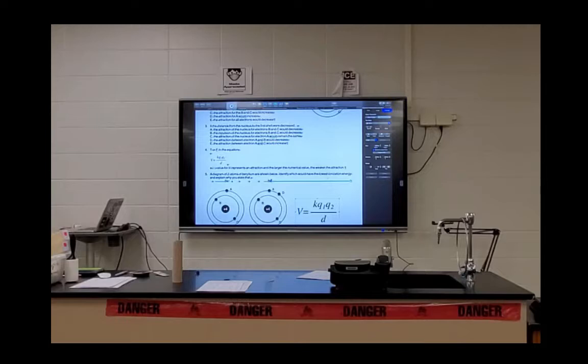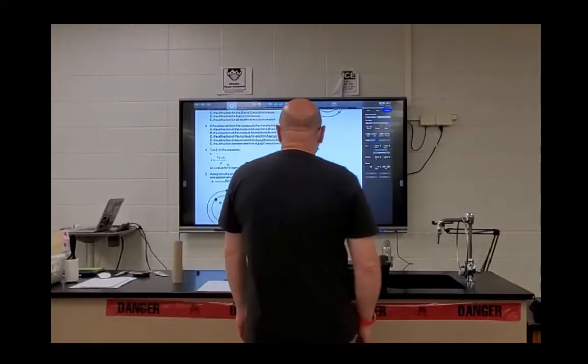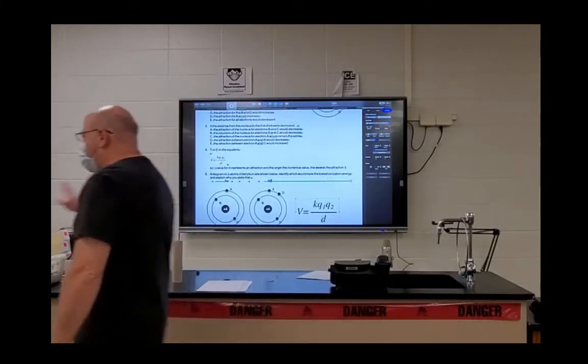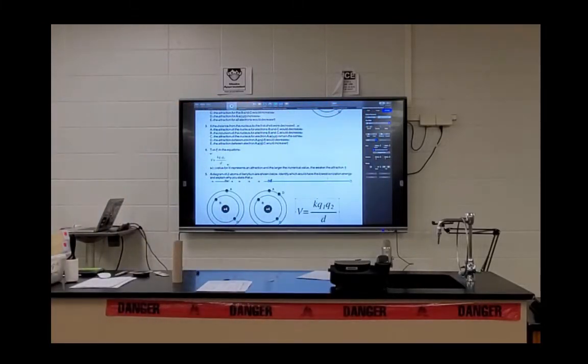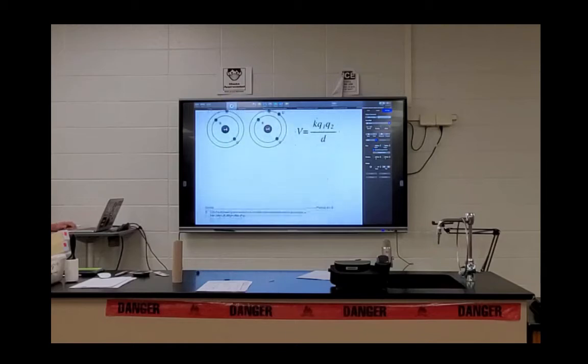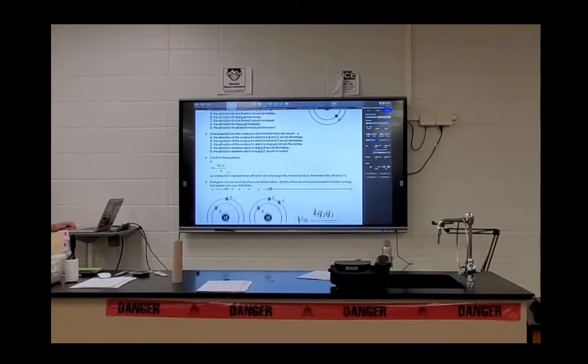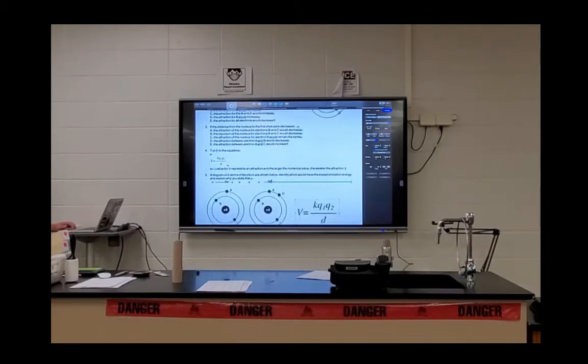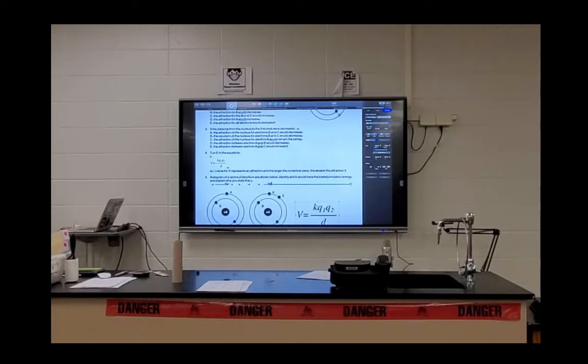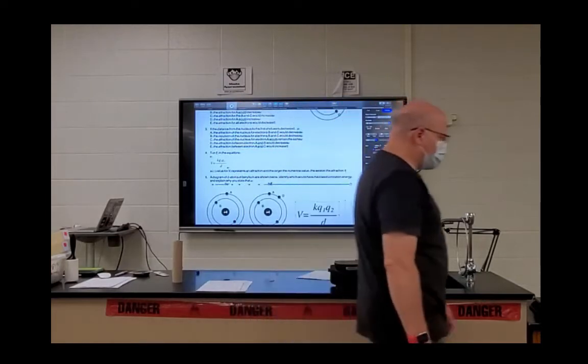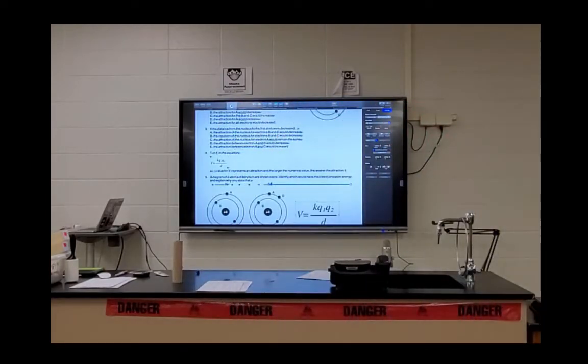So on this one, it was number 3. If the distance from the nucleus to the first shell were decreased. Here's something you guys need to develop, not just this year, but in the future. Multiple choice questions become layered somewhat, okay?